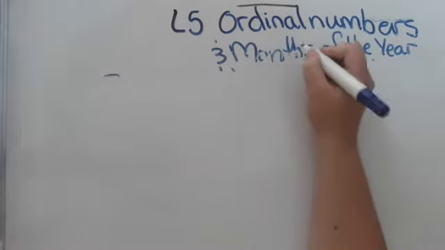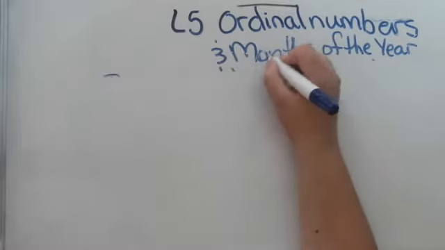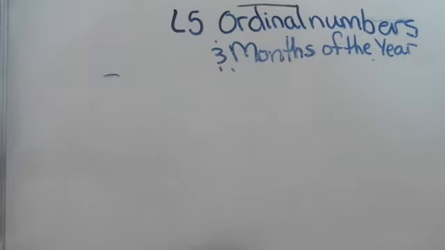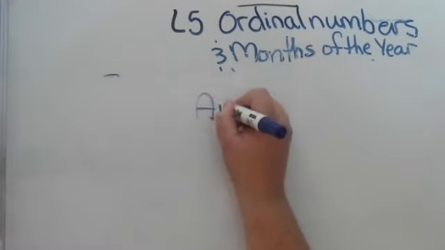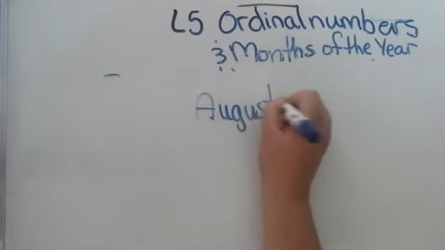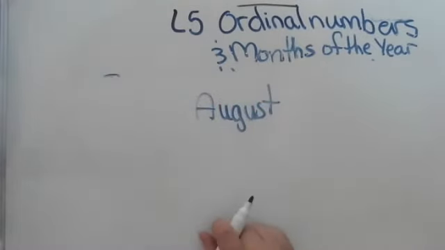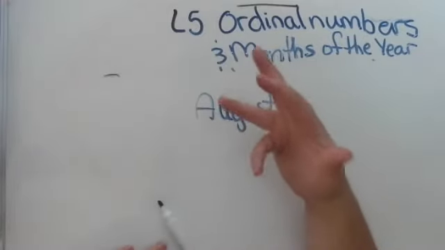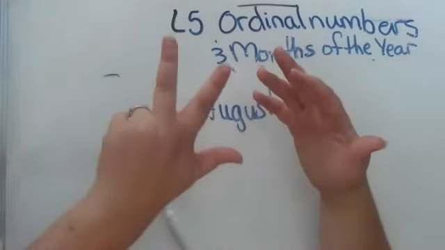So using that diagram, if I had a question that asked me, what is the 8th month of the year? I would go to my diagram, I would look up 8th, and I would say August is the 8th month of the year. The other way I could do that is if I know what all my months are, I could also just go January, February, March, April, May, June, July, August.